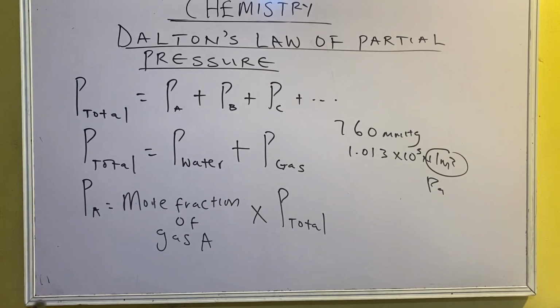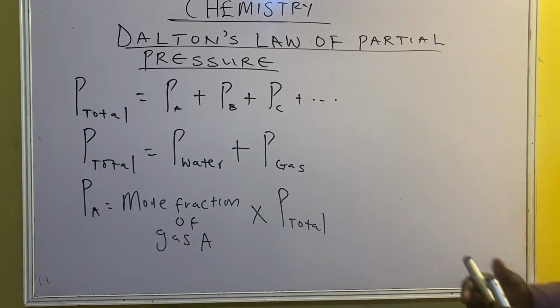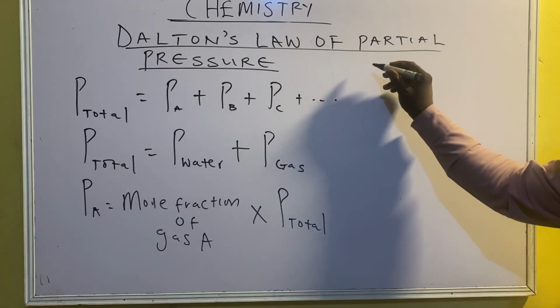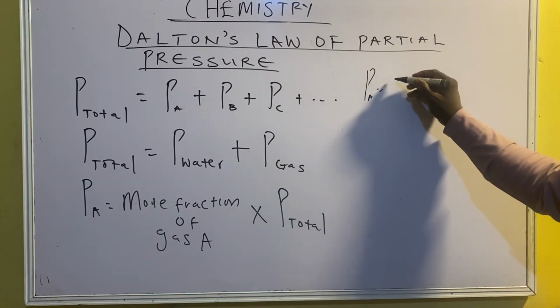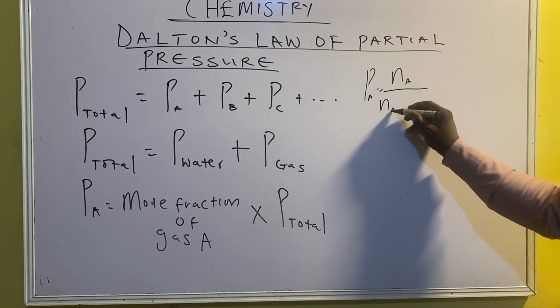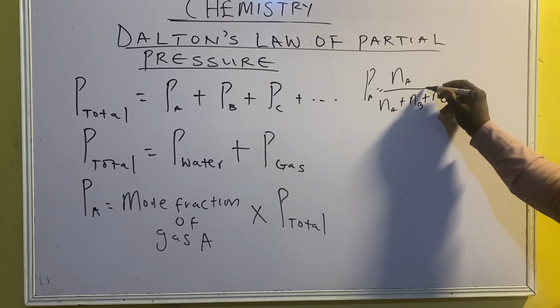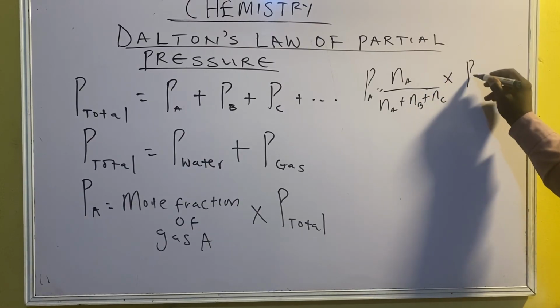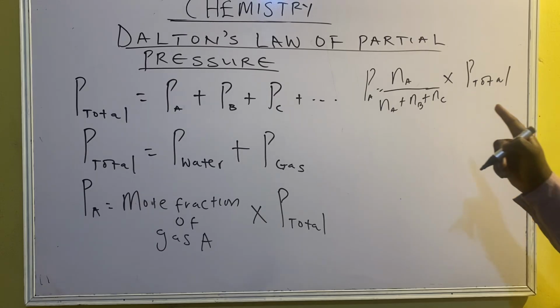What that means is, if you want to write the mole fraction mathematically, your PA becomes A over A plus B plus C, multiplied by your P total. This is so important for you to know.